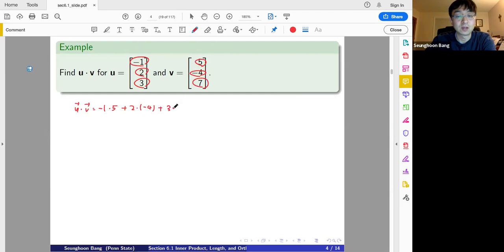Simplify: negative 5 minus 8 plus 21, so negative 13 plus 21. The answer is 8. This is the whole idea for solving this problem.